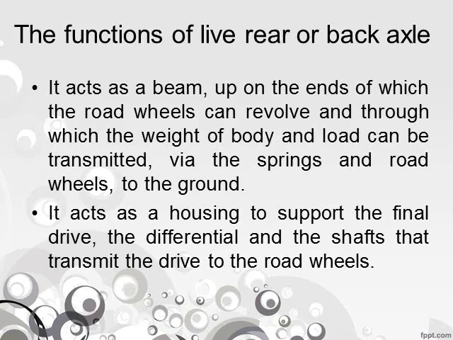So it acts as one beam, both ends having wheels. It takes the weight of the body and load and transfers it to the ground via springs and road wheels. Also, as a second function, it acts as a housing to support the final drive, the differential and the shafts that transmit the drive to the road wheels.